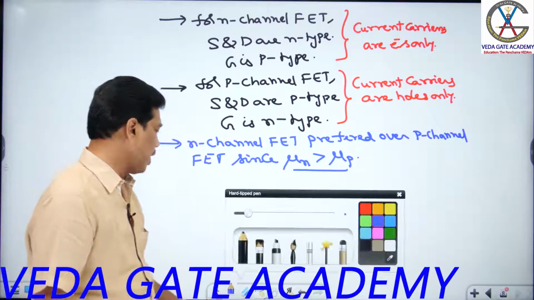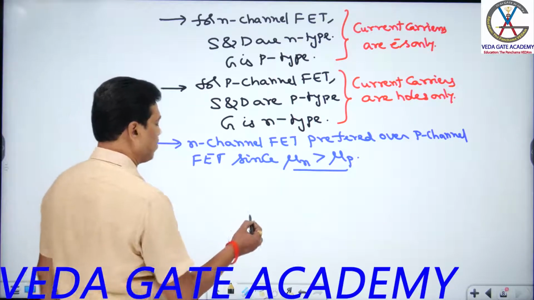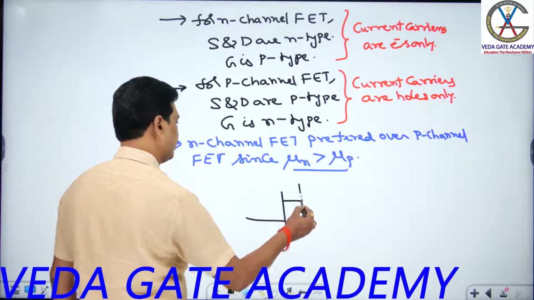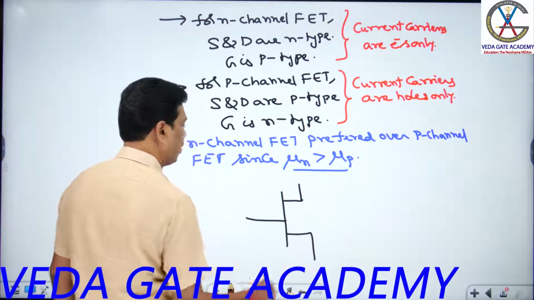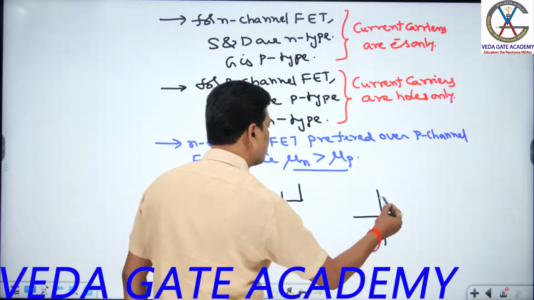Now I can check out the symbolic representation of this FET, students. This is the symbol for FET. I indicate that symbol for both N channel and P channel, students. Both the symbols look the same, with a small change.